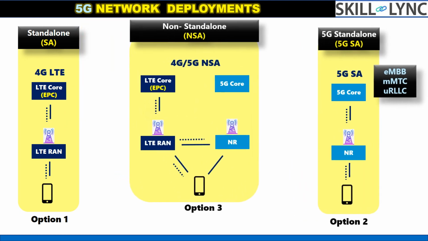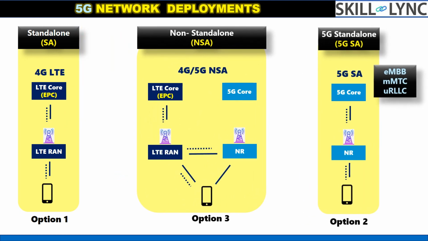Option 3. Non-standalone 5G or 5G NSA. In the non-standalone model, the operator can take full advantage of existing investments and LTE architecture. In this case, the 5G radio access network, 5G NR, has to be newly implemented.